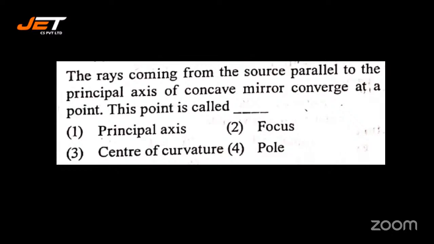Lingaya is correct. Brilliant. Let's go for the answer key, and that is focus. Rays from a source parallel to the principal axis of a concave mirror converge at a point which is called the focus. For a convex mirror, they appear to diverge from a point which is also called the focus.